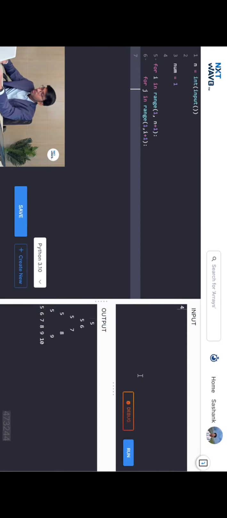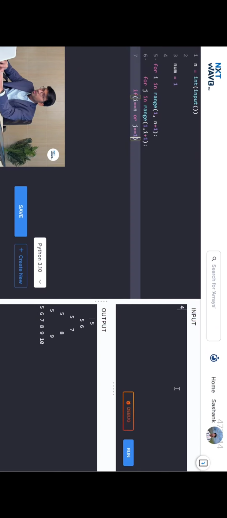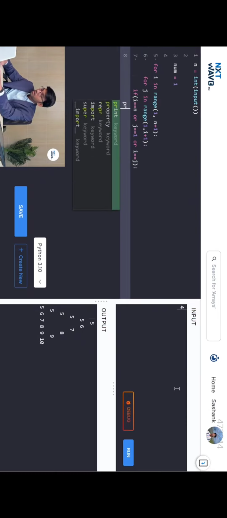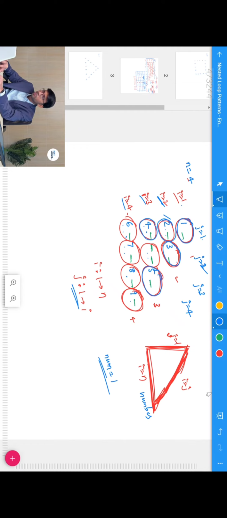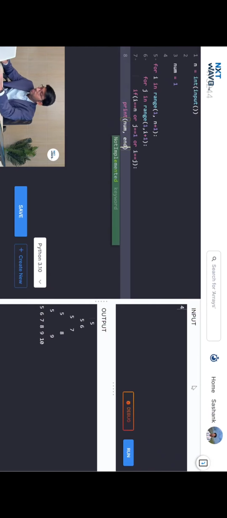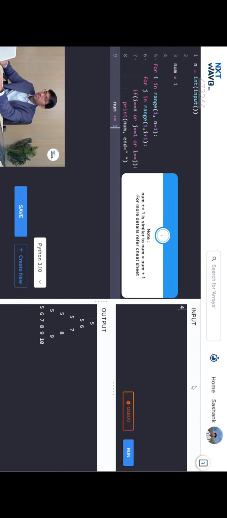If i equal to n, or j equal to 1, or i equal to j. In that case, we should print the number followed by a space. We can achieve it by this. And we should increase the number by 1.